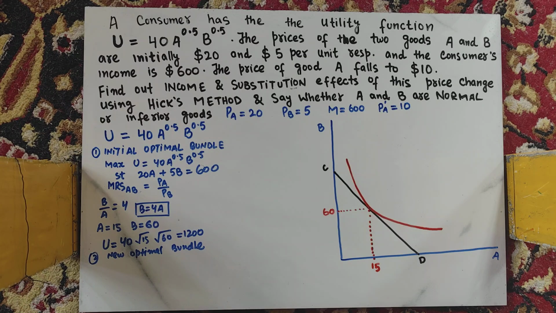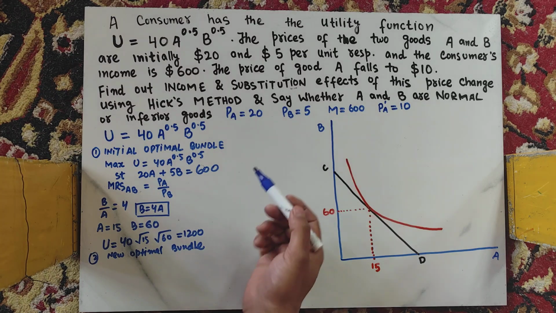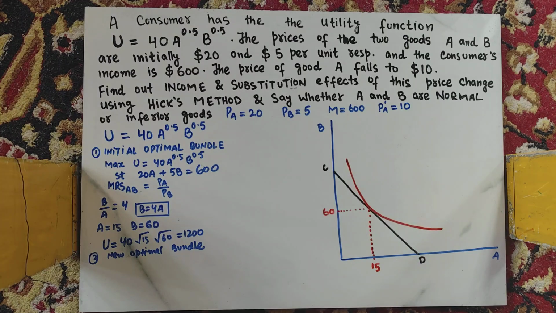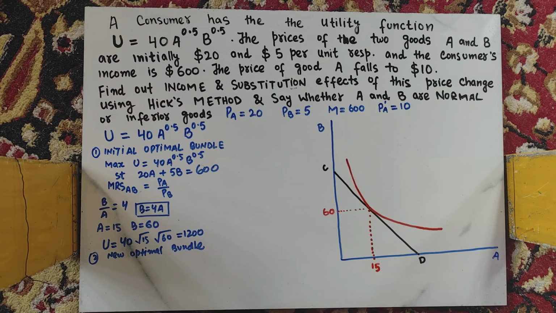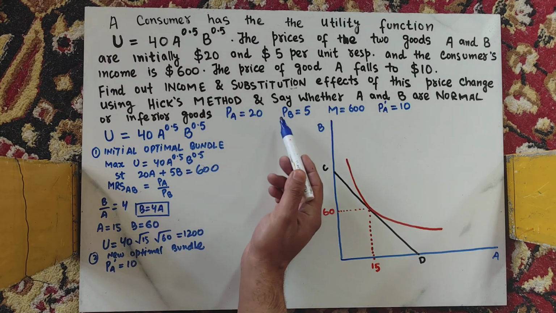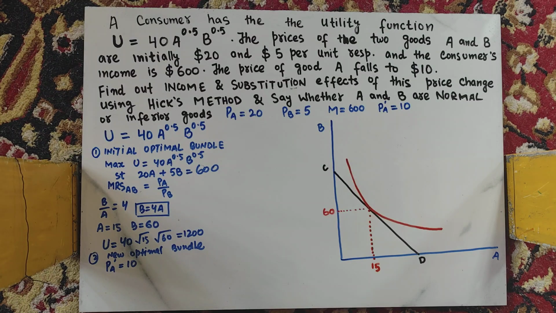Since the price of good A has changed to 10, it has become cheaper, so the consumer will consume more of good A. Let me write, since the price of good A is this time 10, initially it was 20, that means the consumer will consume more units of good A, so our budget line CD will pivot towards the right.